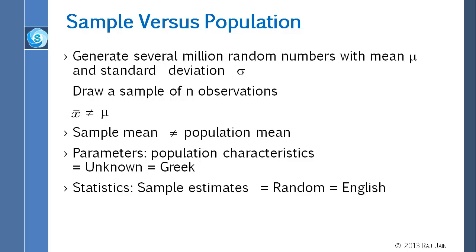So sample mean is not the same as population mean, and population mean is unknown. In most situations, we don't know what the population mean is, and so we use Greek letters for that. As I said before, Greek is kind of difficult compared to English, which we use for the sample. The sample is easy to get, and we use English letters for those.